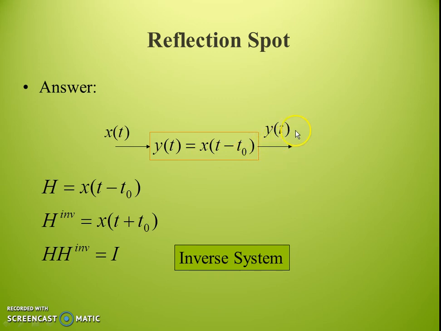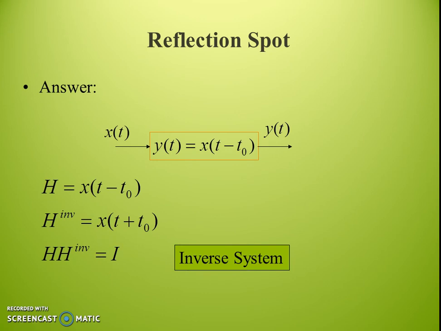If we can make another system over here which will cancel this delay, or in other words, which will apply a delay of plus t0, then it will cancel the previous delay of minus t0, and hence we will get our input again as the final output. So yes, this would be an invertible system, and we can verify this: the functions of both system operators h and h inverse give the identity. So yes, this system is an invertible system.